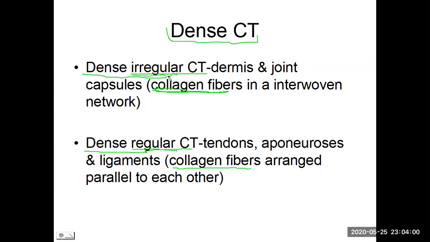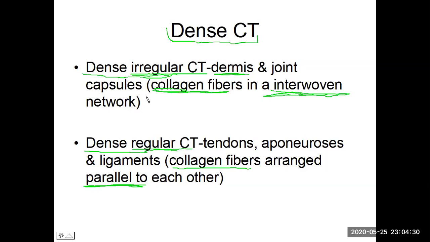Dense irregular connective tissue, the collagen fibers are now woven together in just a random pattern. We find this in the deeper portion of the dermis, for example. Whereas dense regular has a dense packing of collagen fibers, however, the collagen fibers just run roughly parallel to one another.